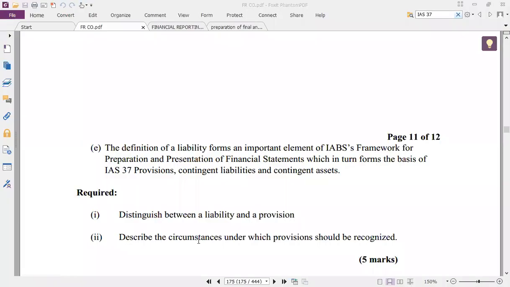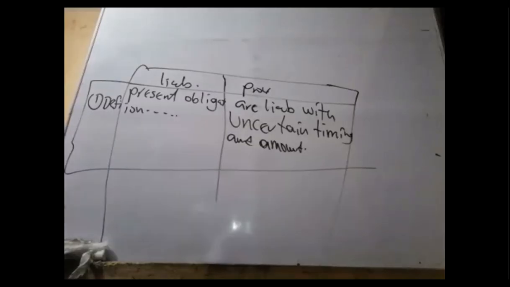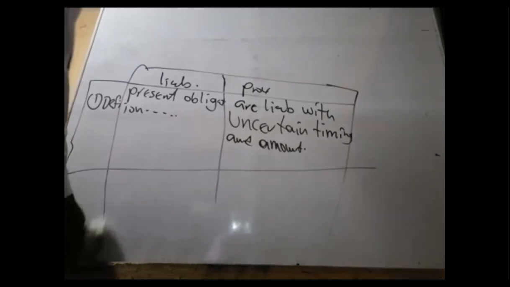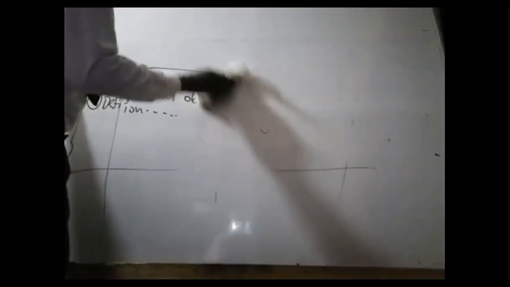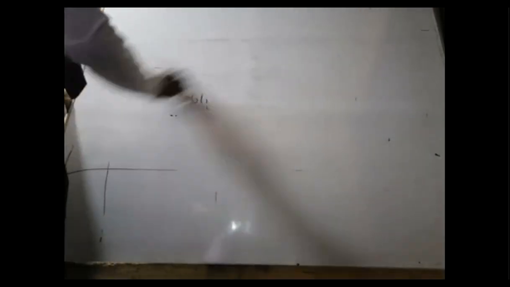And then describe the circumstances under which a provision should be recognized. What are the recognition criteria for a provision? Watch carefully. Tell the examiner that a provision should be recognized if and only if the following conditions are in place.